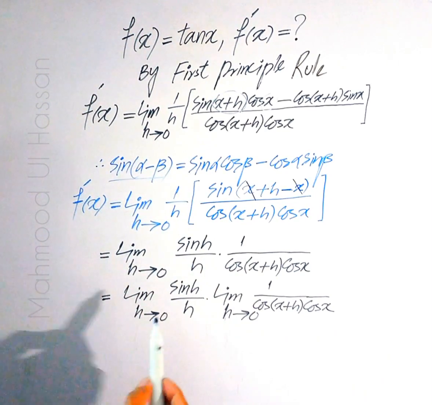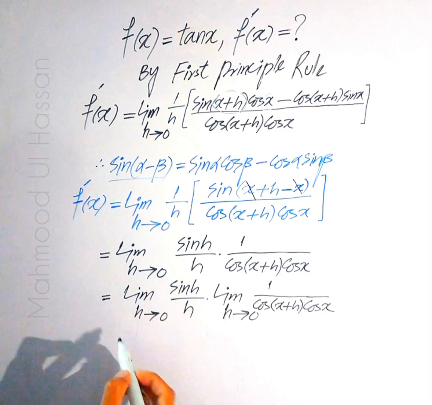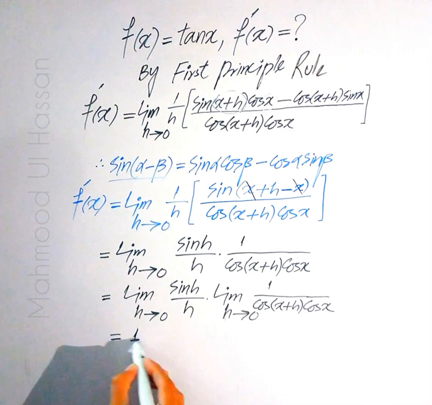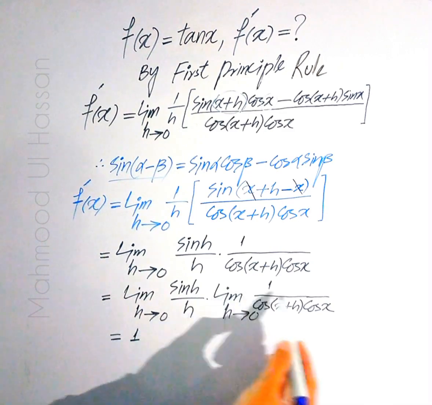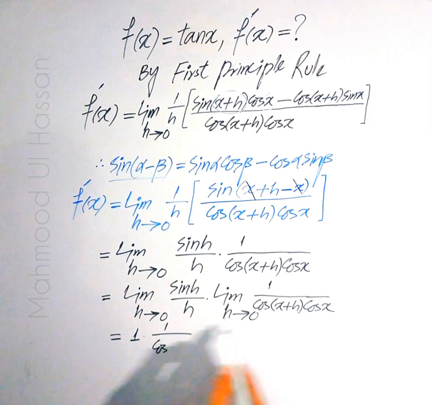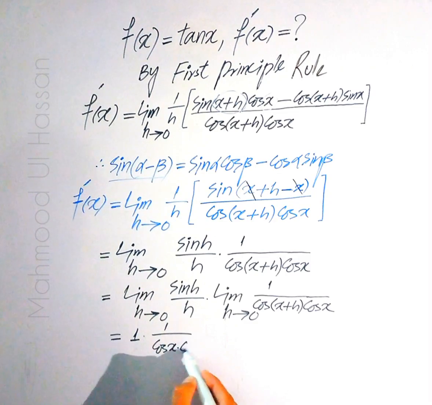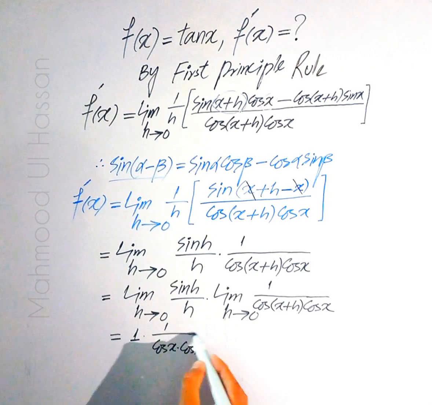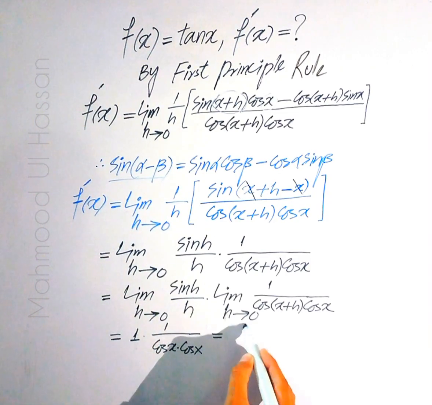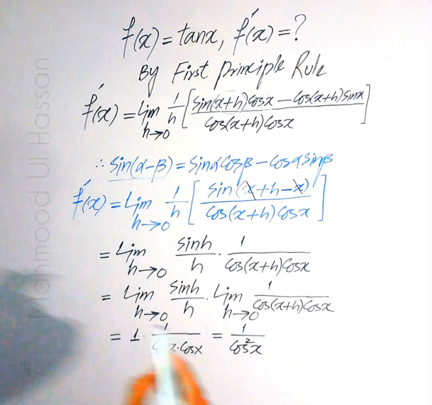Okay, so we know that the limit as h tends to 0 of sine h over h equals 1. And here, as h becomes 0, we get 1 divided by cos x times cos x, and this will become 1 divided by cos square x.